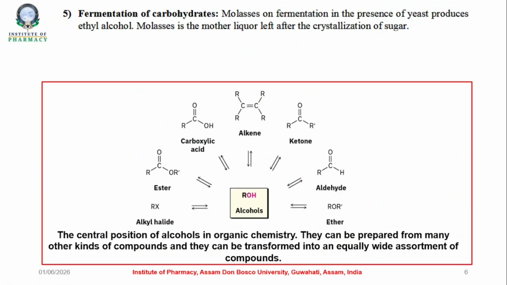Next is the most common method, which has been followed for centuries, that is for the preparation of beverage. So in the beverage industry this is particularly used, where we see sugar or molasses undergo the process of fermentation to give glucose plus fructose.